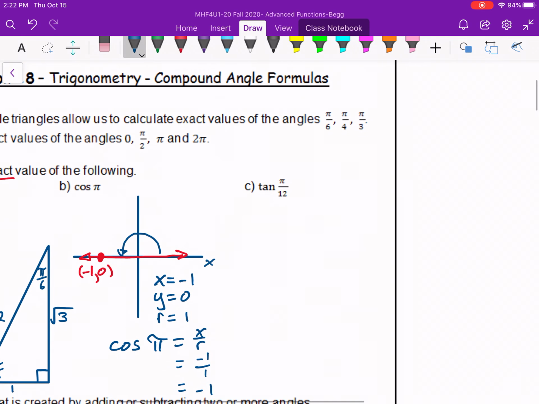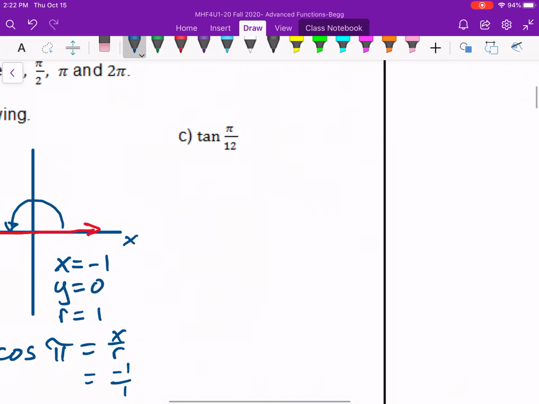The next one, though, tan of pi over 12. Hopefully what becomes immediately obvious for this is that there is no special triangle that we know of for pi over 12. Which means that we can't obviously use something we don't have.